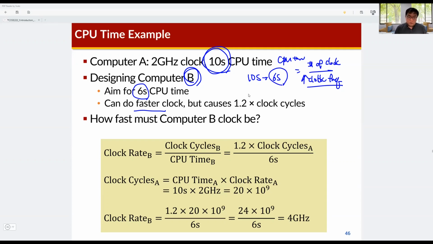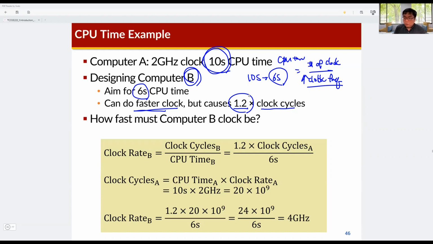So we need to use the faster clock, but it will cause 1.2 times more clock cycles. And it is frequently observed. If we use a faster clock, then the number of clock cycles can increase. Okay. Then how can we set the clock frequency?